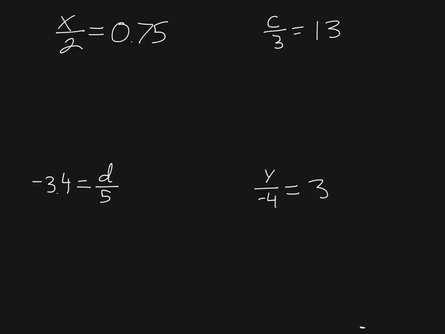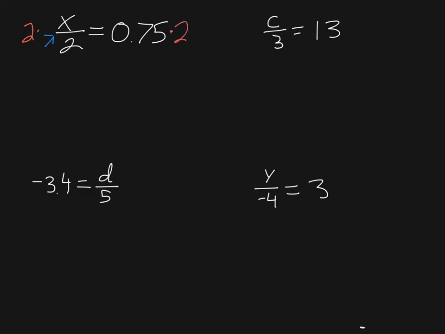All right, here we have 4 examples. Our first one is x over 2, or x divided by 2, equals 0.75. Since I see that we have division here, I'm going to use the inverse operation, which is multiplication. So I'm going to multiply both sides by 2. 2 times the fraction over here, and I'm going to multiply by 2 over here.